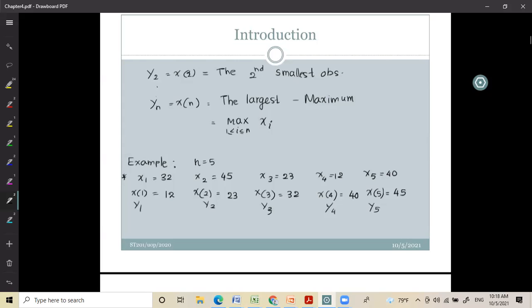Therefore, after you order your data, they are no longer independent. You got the first place because it is smaller than the others. You got the second place because it is greater than the first one, but smaller than the rest. So they all depend on the values of each other. Therefore, although the original random sample is independent, after you order them, they become a dependent sample.